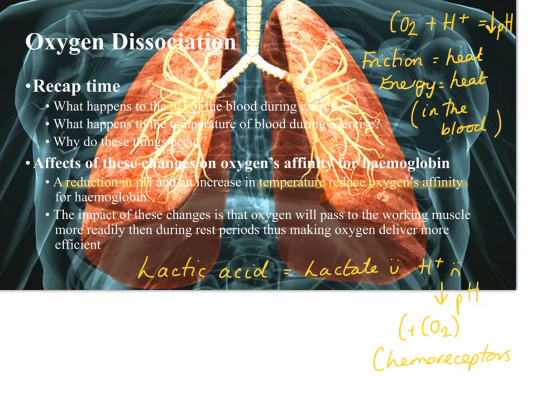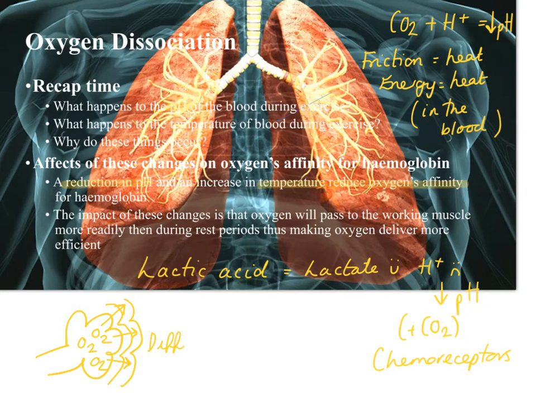Now, it will pass across the alveoli membrane because of the diffusion gradients, because you've got no oxygen in the blood and lots of oxygen in the lungs, so the oxygen will go across because it wants to make that equilibrium state. It will move from an area of high pressure or concentration to low pressure or concentration. That will always happen.